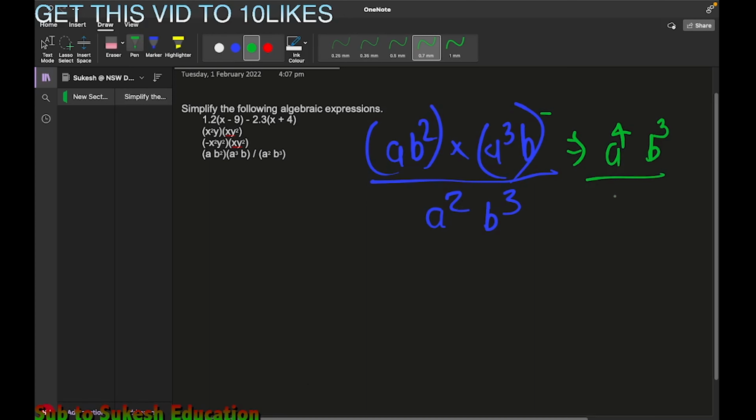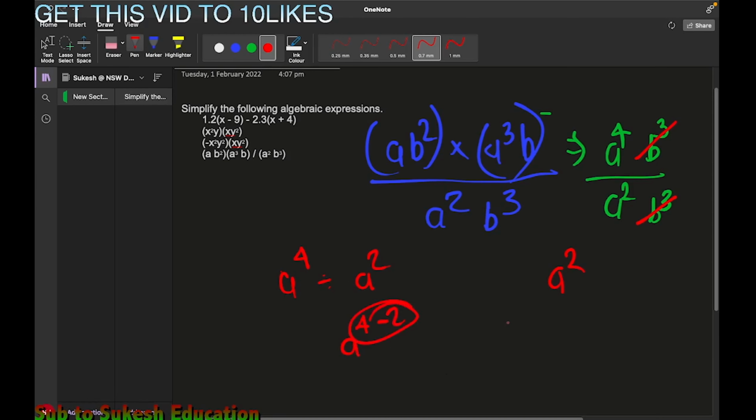And then in the bottom we have it divided by a squared and b cubed. And according to math, because these two are the same, they cancel out, and then a to the power of 4 divided by a squared. An easier way when you're doing division, because both of them are the same base, you can keep a and then you can do 4 minus 2.